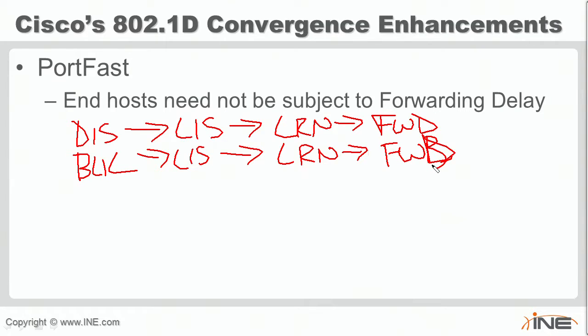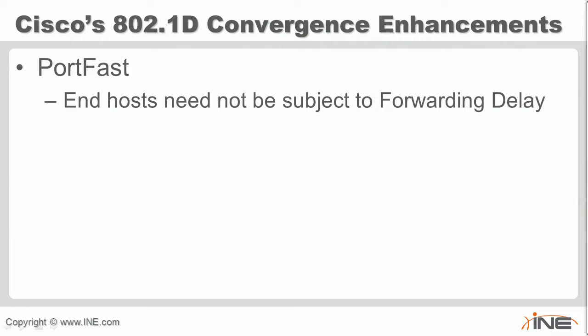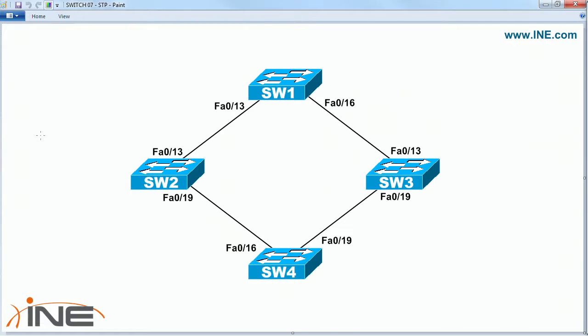But the problem is that for devices on the edge of the network, there's really no reason they should wait for this delay. And also we have that other limitation that when you connect them to the network, you generate a topology change notification, or the TCN. We can actually see this on the switches, where in the current network we have router 1 connected to switch 1.